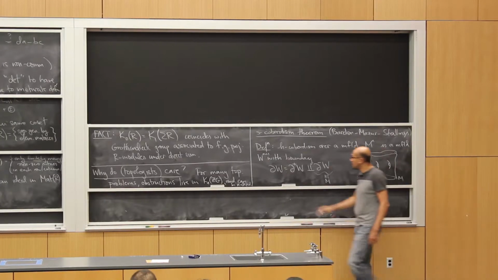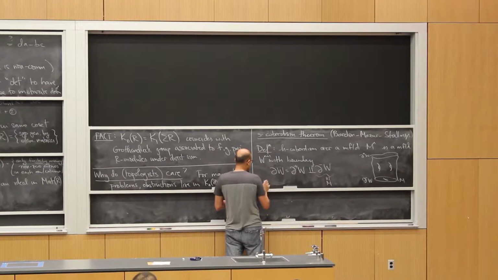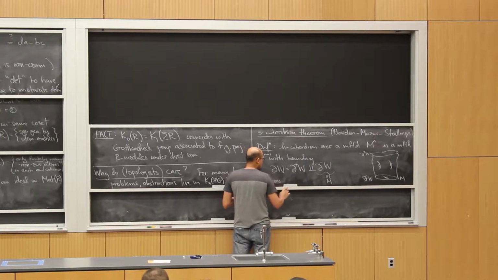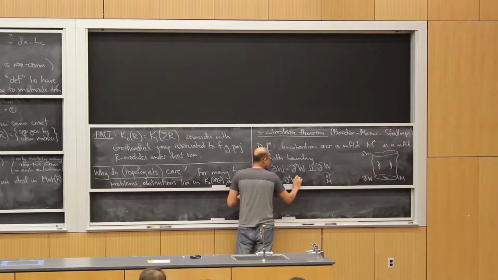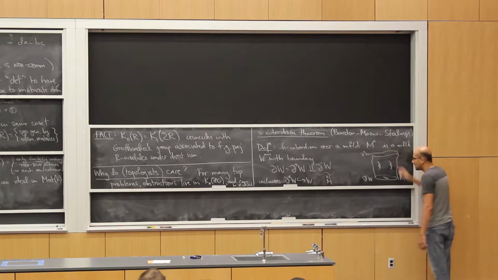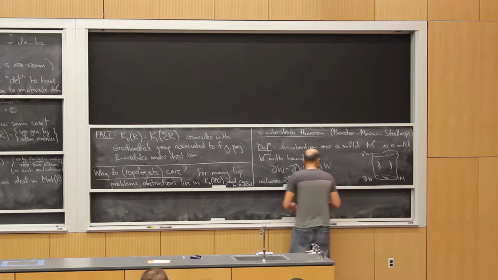And the condition, the h part, has to do with the inclusions of ∂₊W or ∂₋W into W. They are deformation retracts.